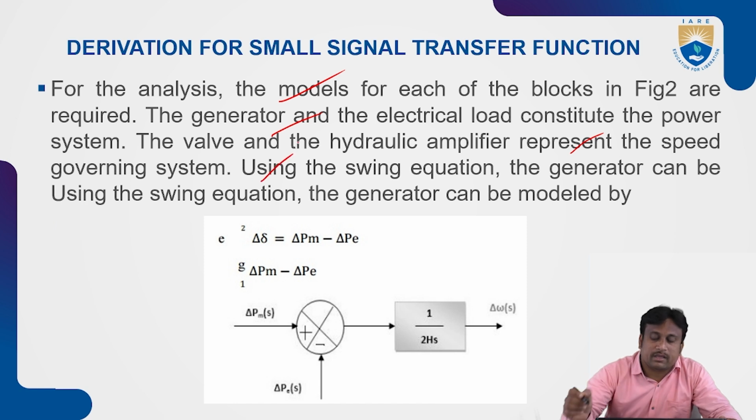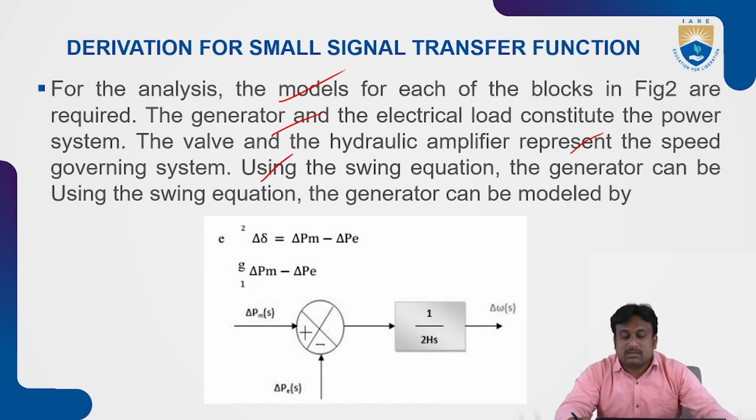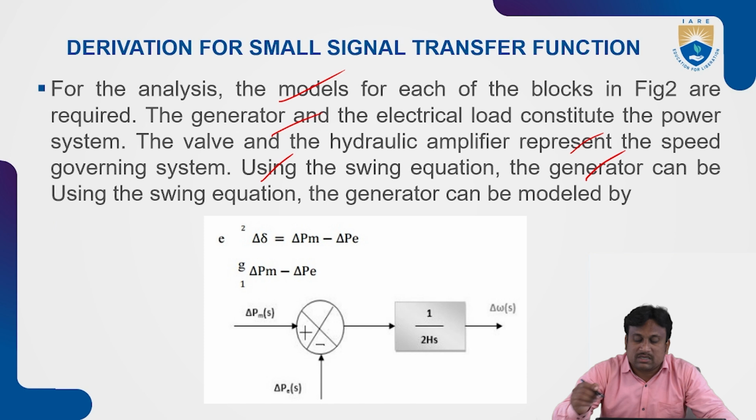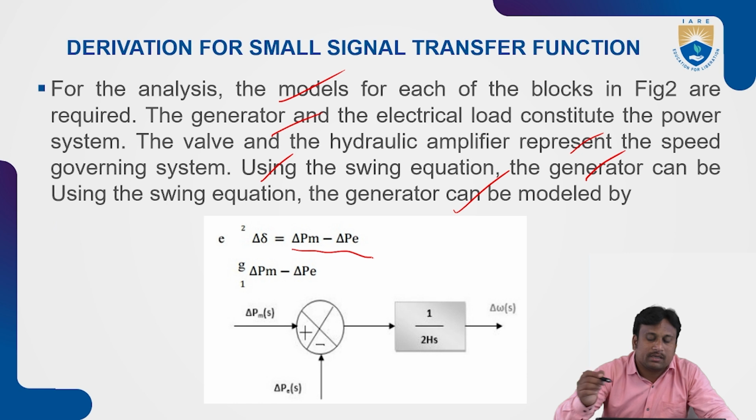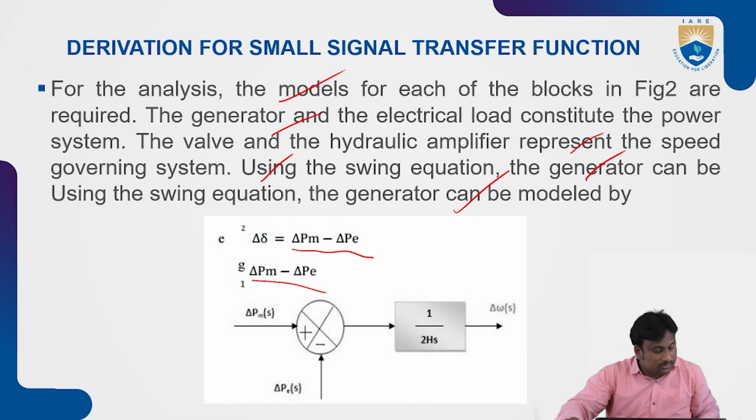By considering the swing equation from power system network analysis, the generator can be remodeled using the parameter delta Pm minus delta P. Here delta Pm minus delta P is one of the swing equation parameters, which is to be derived here for consideration of the system.